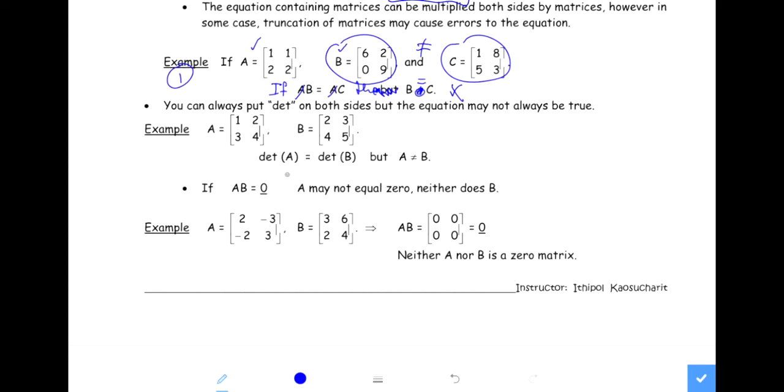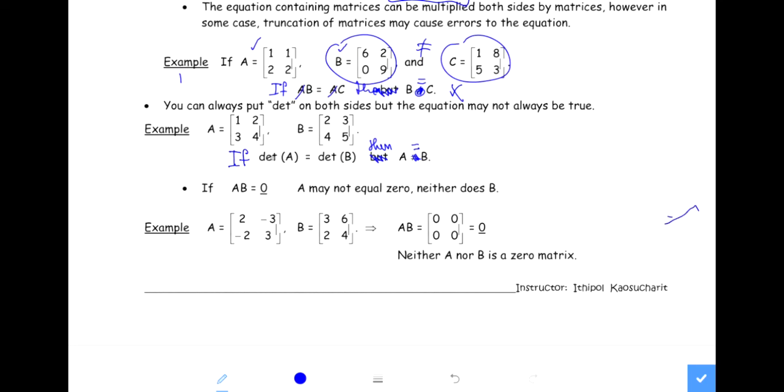Here again, I saw it from the exam. I don't know if it will be in my exam or not, I cannot tell you. Maybe we'll see that in my exam. So the question would be like, if det A is equal to det B, then A must be equal to B, if these are matrices.